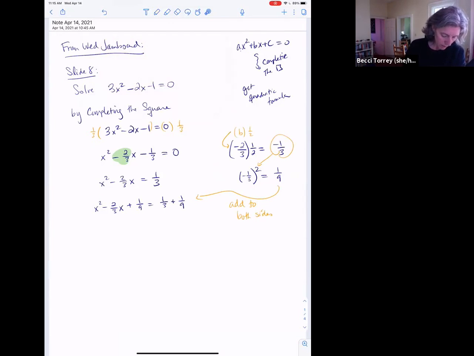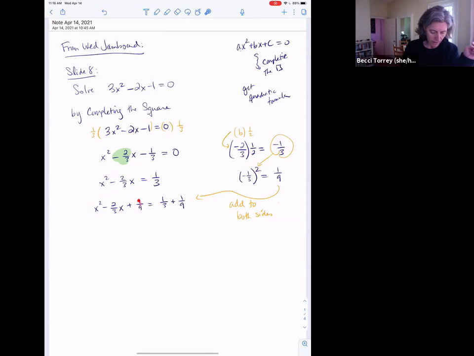If we've done all of that properly, and I always have to relearn the completing the square formula, then we should be able to write this as a square, a binomial squared. This is why it's called completing the square: you add the right thing, which we figure out using this, to be able to rewrite it as something squared.